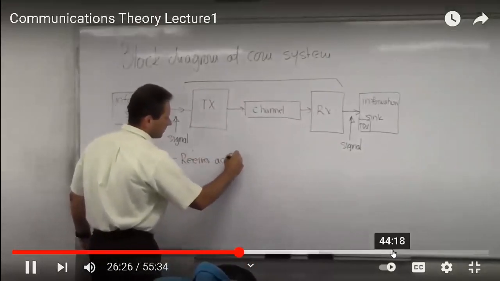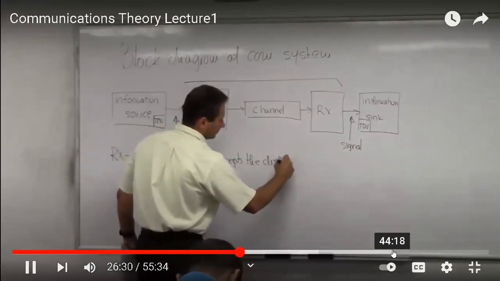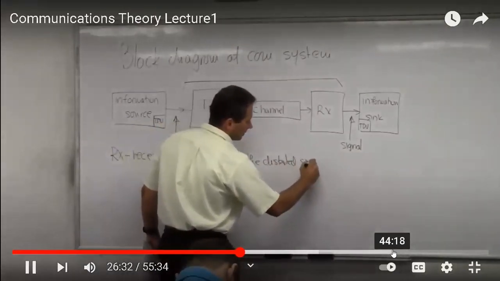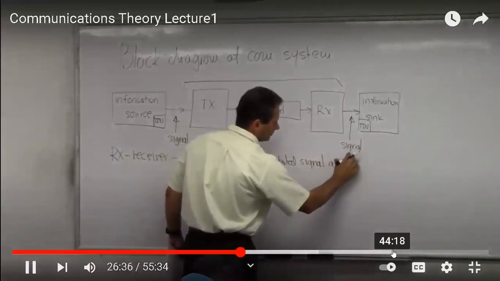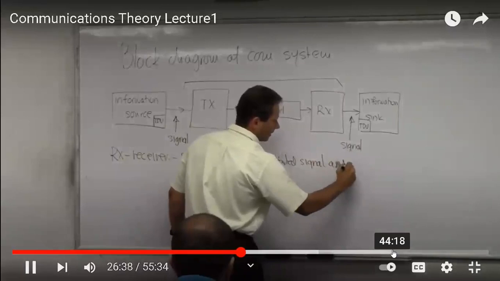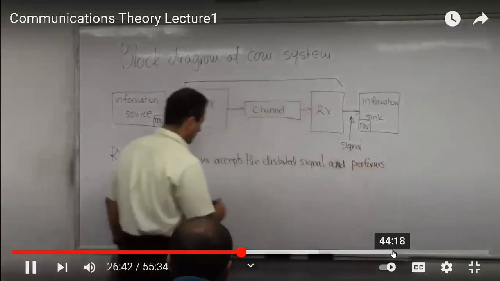So the purpose of the receiver is that it accepts the distorted signal and performs its recovery.